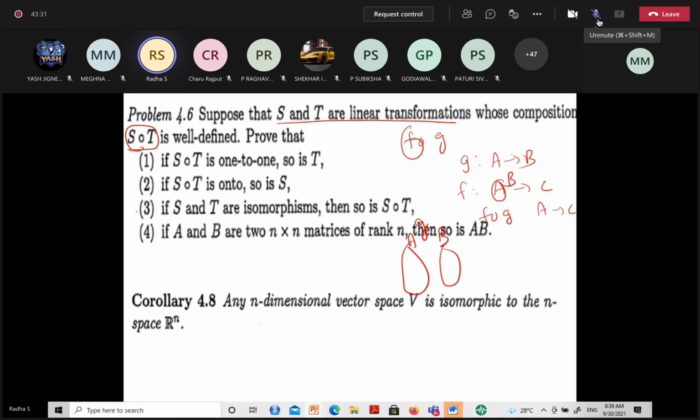Okay. Everybody had your breakfast first of all? I think many of you might have just woken up and are sitting before the system. That's why you are not active. Is that correct? You can speak the truth. Maybe half sleepy.